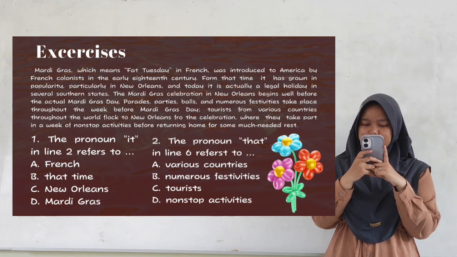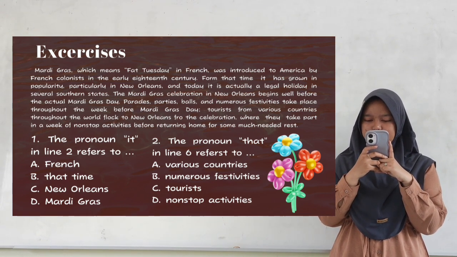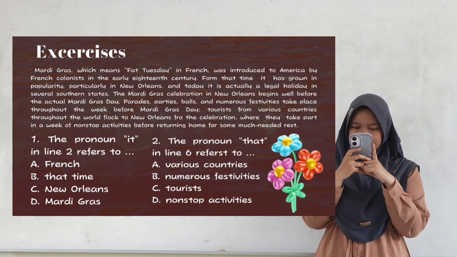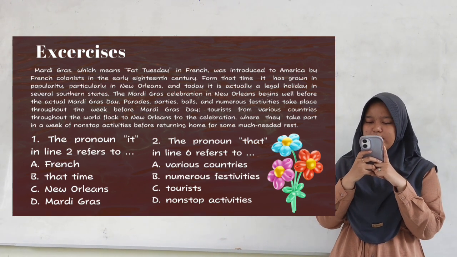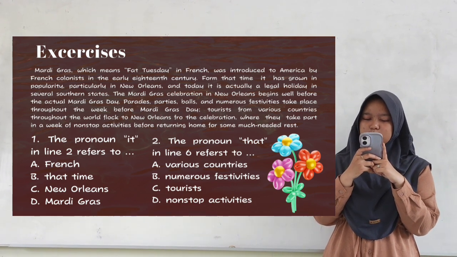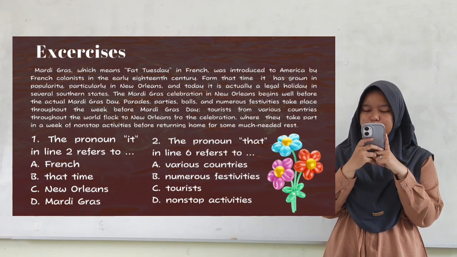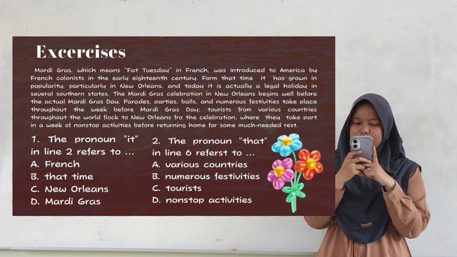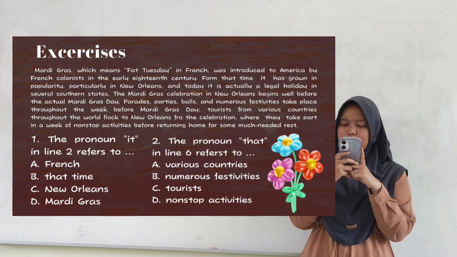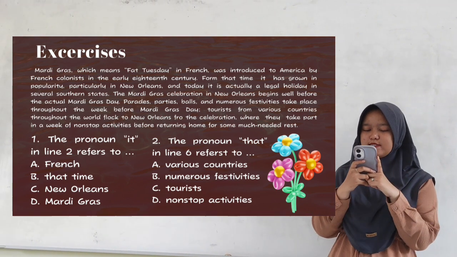Parades, parties, balls, and numerous festivities take place throughout the week before Mardi Gras Day. Tourists from various countries throughout the world flock to New Orleans for the celebration, where they take part in a week of non-stop activities before returning home for some much-needed rest.